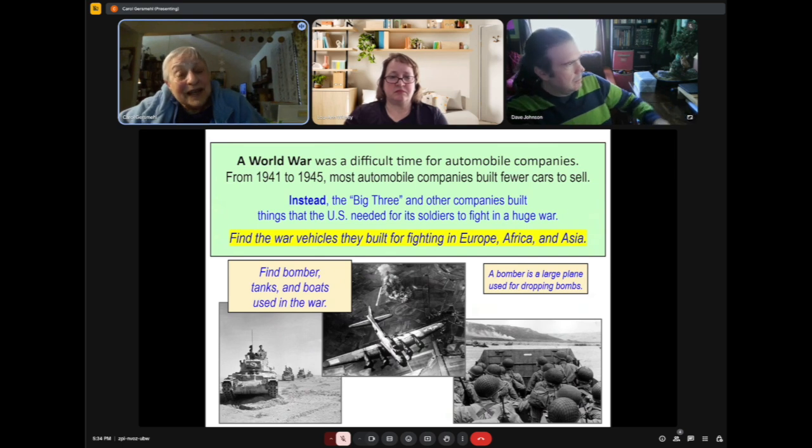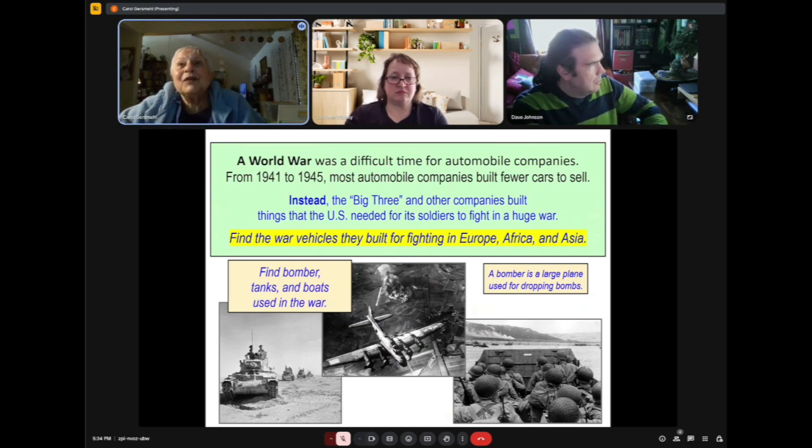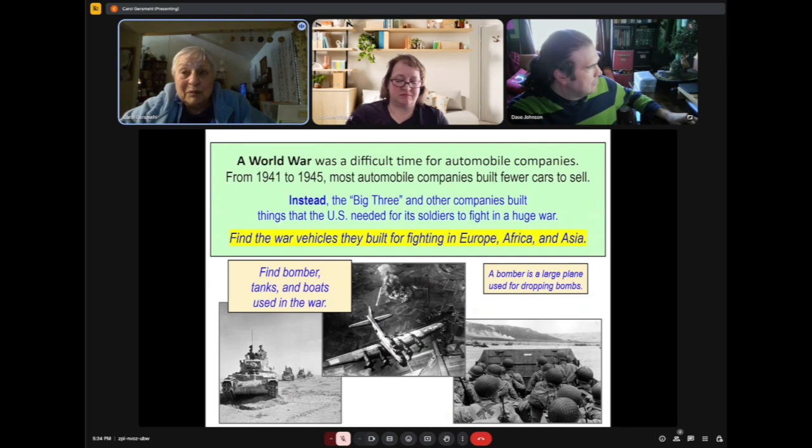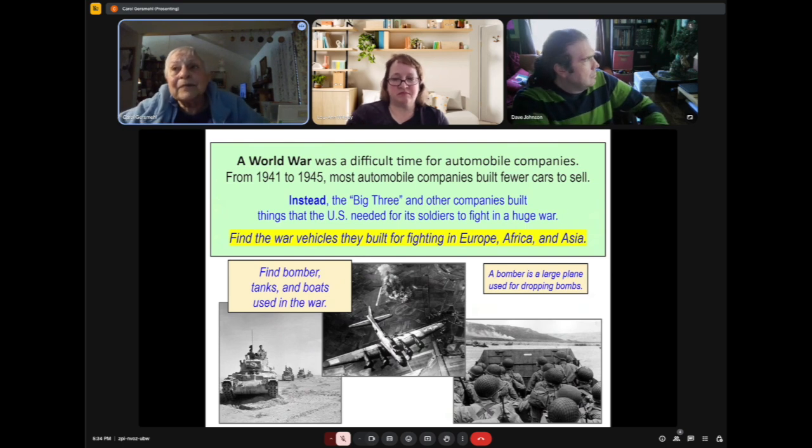Instead of making so many cars, the big three, because they were so good at building things with engines, built tanks, great big planes for dropping bombers. Those were made in Ypsilanti, at a huge factory.